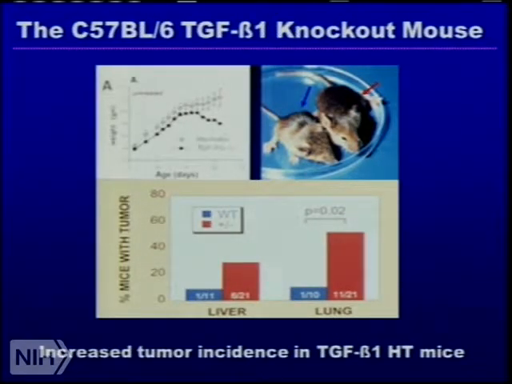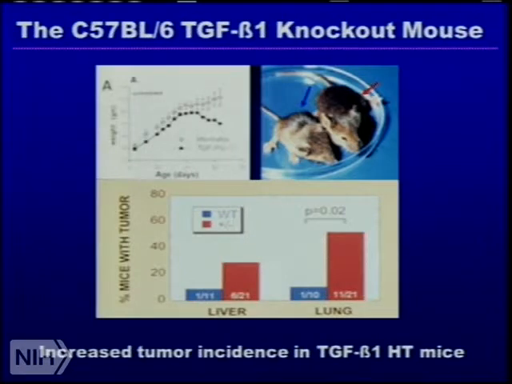And we found that there's increased incidence of liver tumorigenesis in the heterozygous mice compared to the wild type. Interestingly, we also observed that there were increased lung tumors in the het mice compared to the wild type mice, and that was very unexpected.